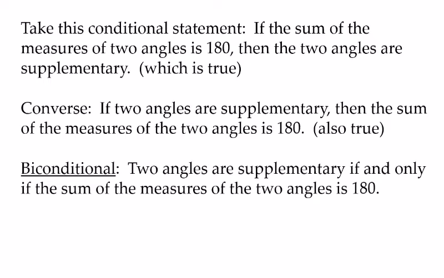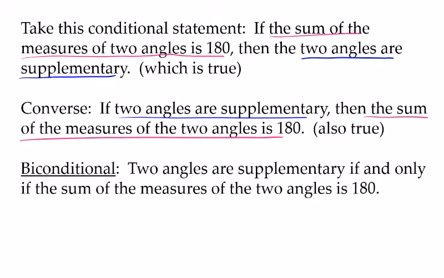So the converse of that is, start with the conclusion: if the two angles are supplementary, then now we go to the hypothesis, the sum of the measures of the angles is 180, right? And that's also true. So therefore, this is a biconditional statement.